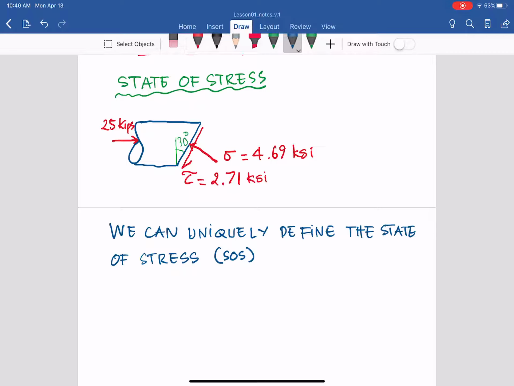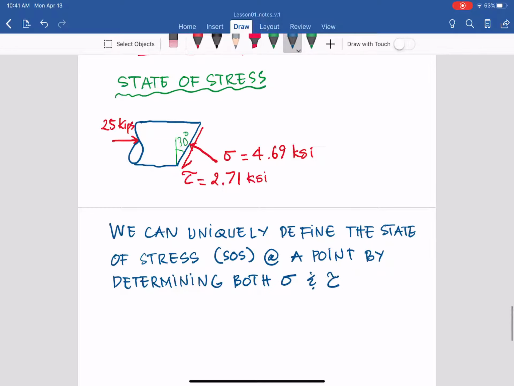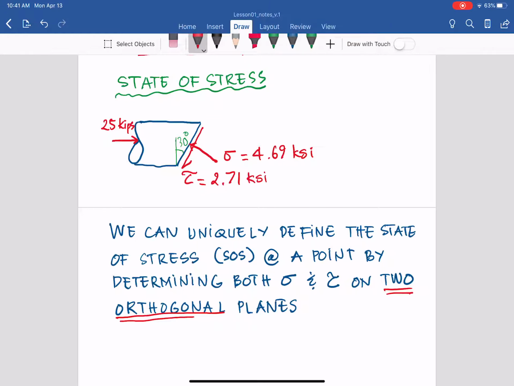It's about the mechanics of materials. We define the state of stress at a point by determining both normal stress sigma and shear stress tau on two orthogonal planes, two planes that are perpendicular.